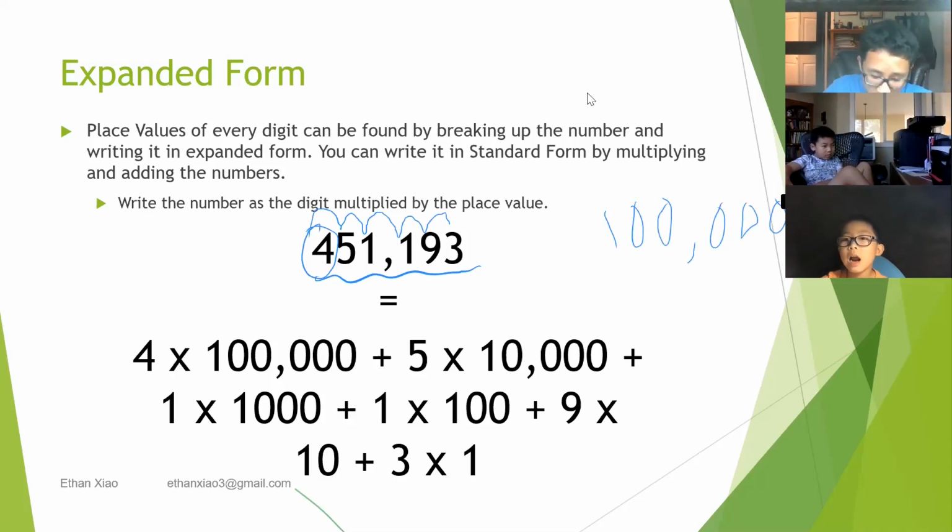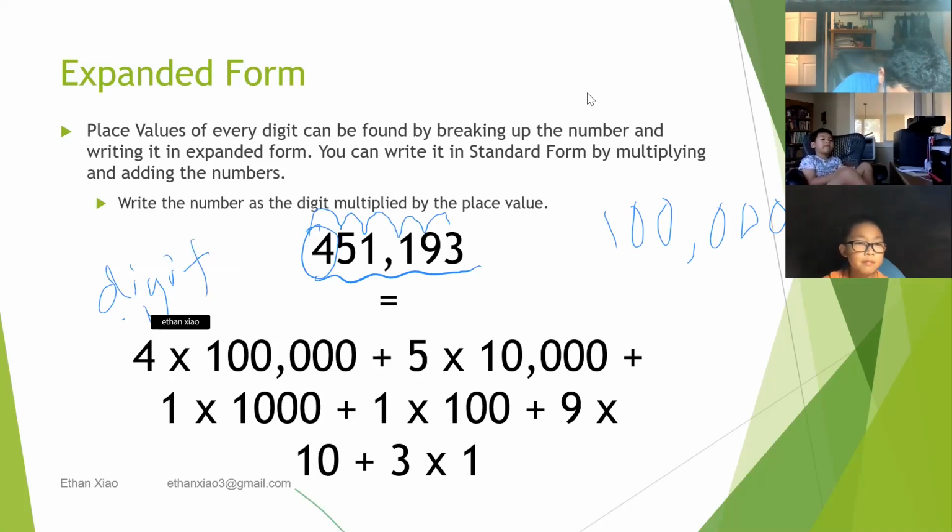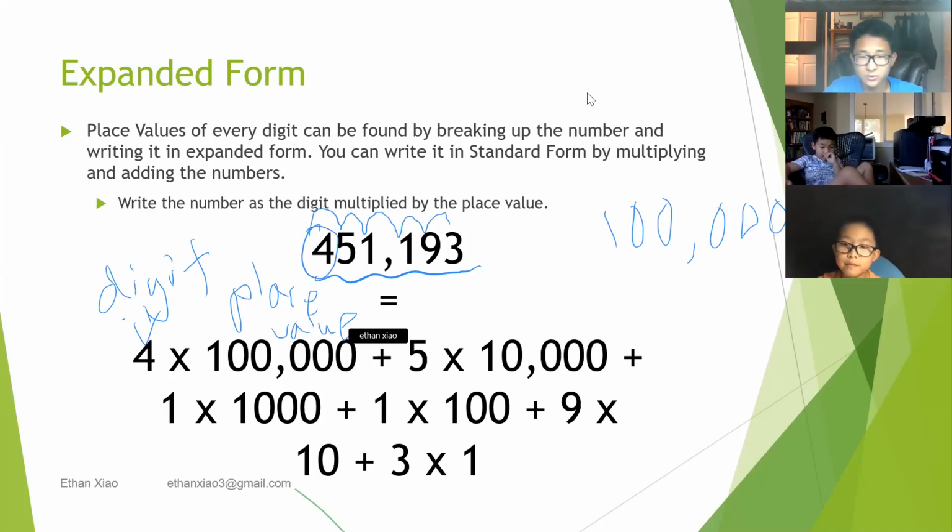So I'm going to write this as the digit, which is 4, times 100,000, which is its place value. Next I move on to 5, which is the next digit after 4. I count all the spaces, 1, 2, 3, 4.